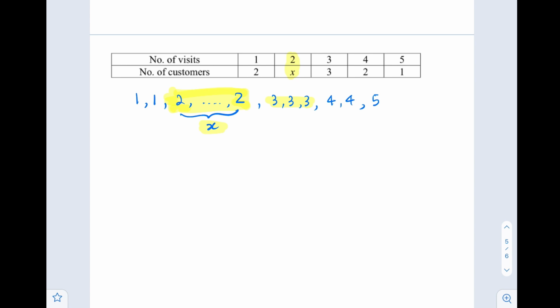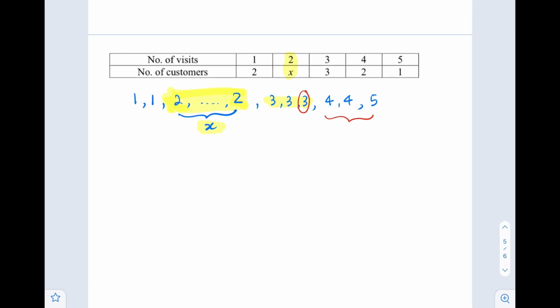So which 3 should I use as the median? If I use this last 3, behind it I only have 3 data values. In front of this 3, I would have at least 5 data values, which is not possible.